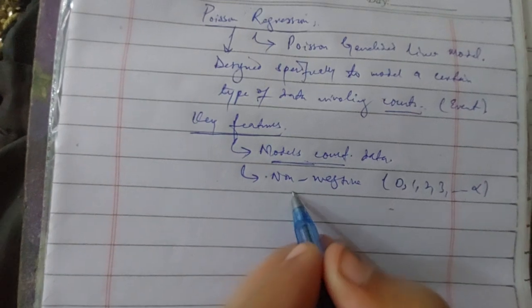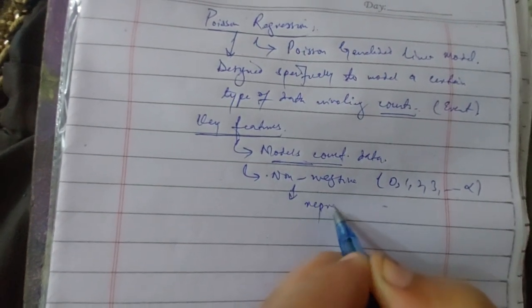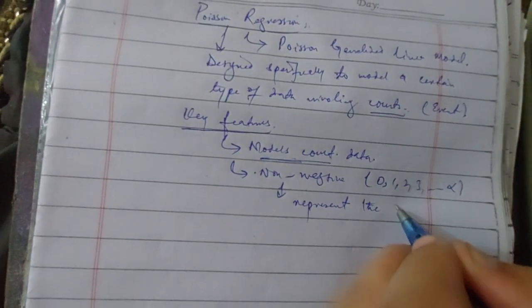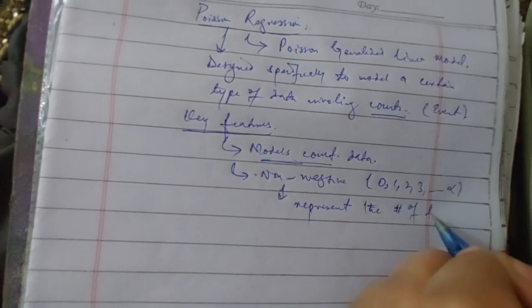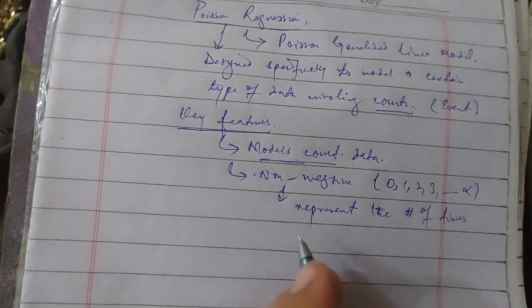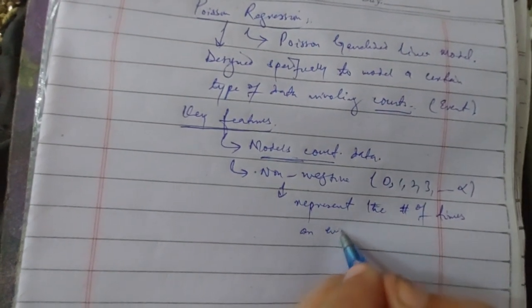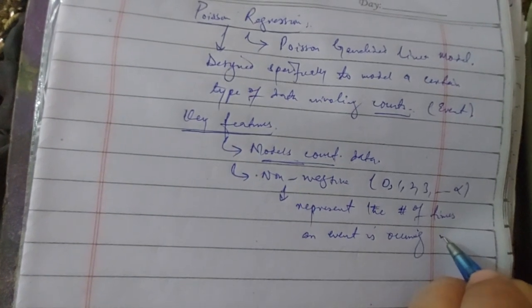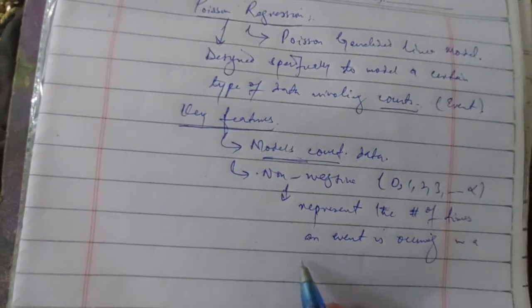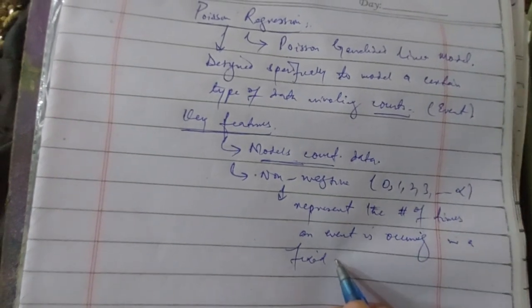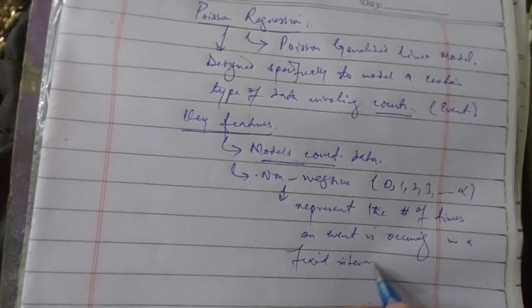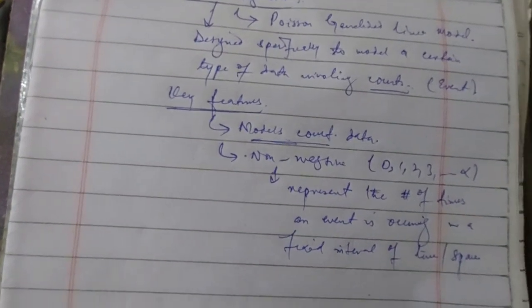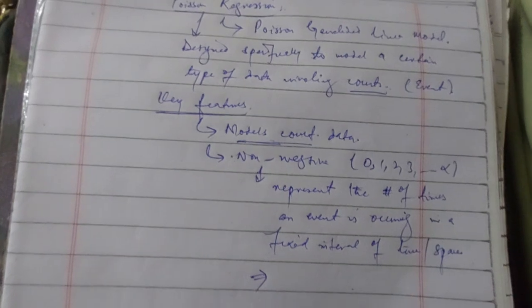And these non-negative integers represent the number of times an event is occurring in a fixed interval of time, or space, or even volume.